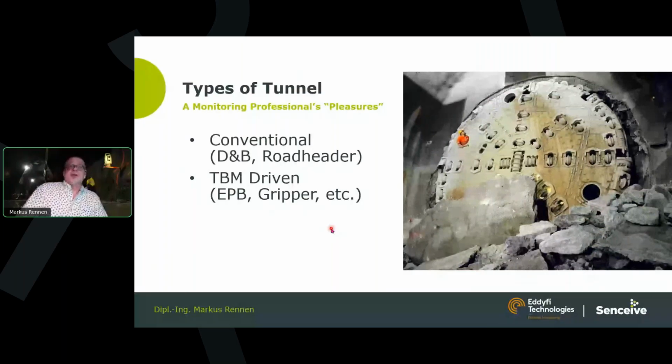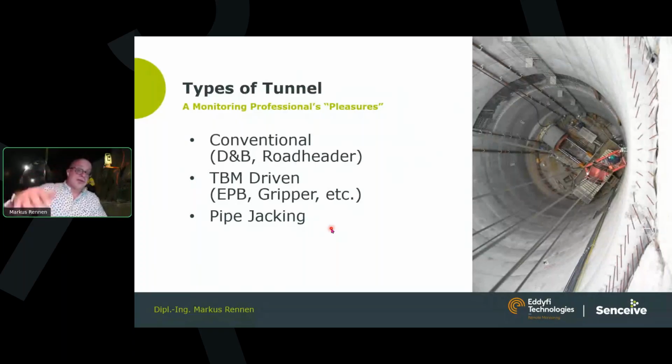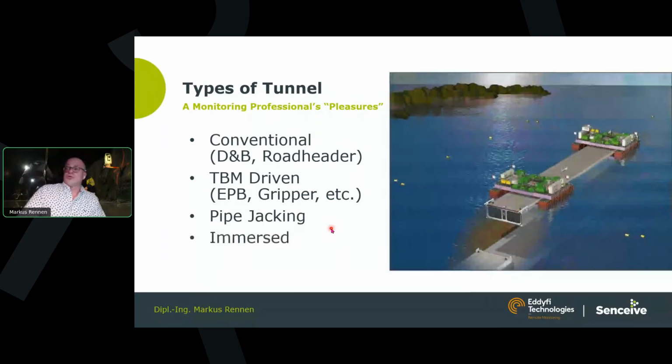We have pipe jacking tunnels, usually very small diameter tunnels, crossing, for example, infrastructure, driving underneath a channel, a building, or a rail track, but usually pushed forward with certain impact. And then sometimes very special tunnels like immersed tunnels, which come in fixed prefabricated segments.